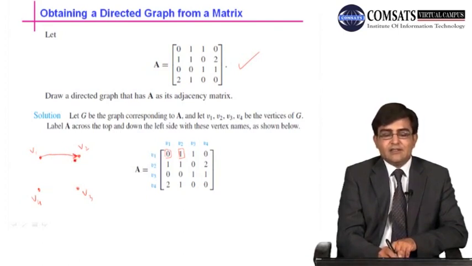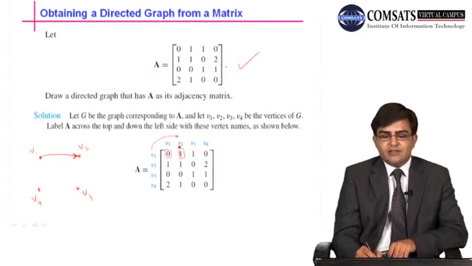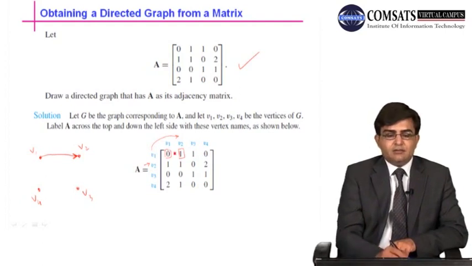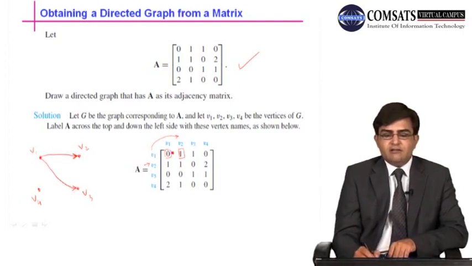The direction must be specified here, because here from v1 to v2 we see 1. If you want to see from v2 to v1, then you have to investigate this entry. From v1 to v3 there is one arrow. From v1 to v4 there is no arrow. So we stop here at the first row.